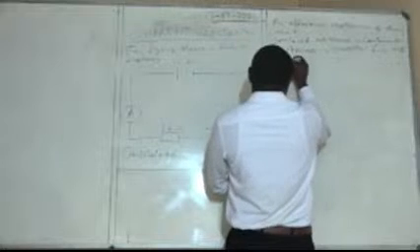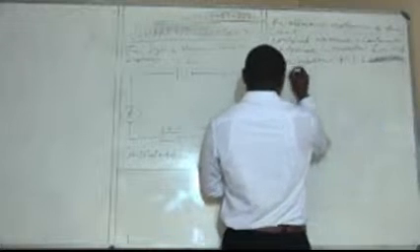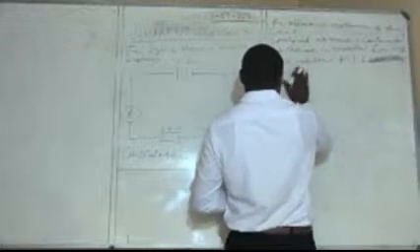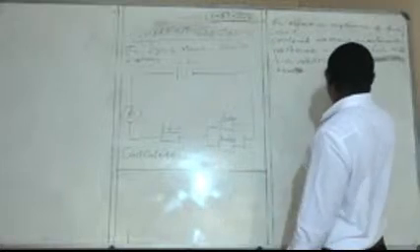We do have our 6 ohms and 4 ohms resistors, plus the 1.6 resistor in series. So this is what we have.